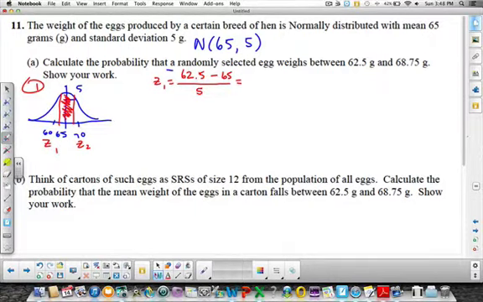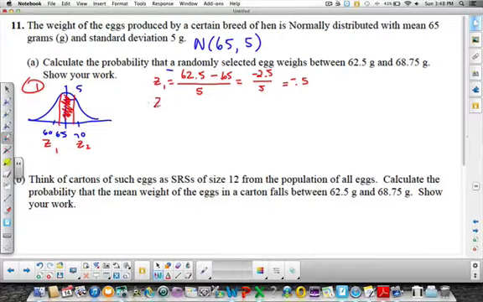So 62.5 minus 65 is negative 2.5, and negative 2.5 divided by 5 is negative 0.5.